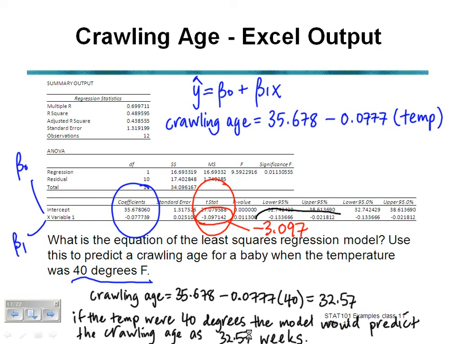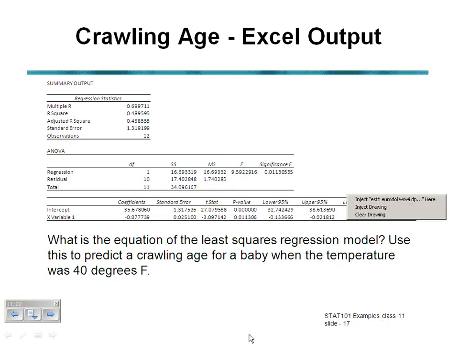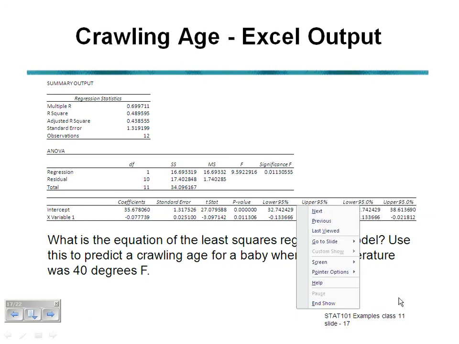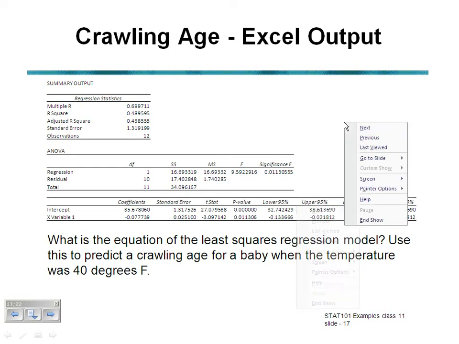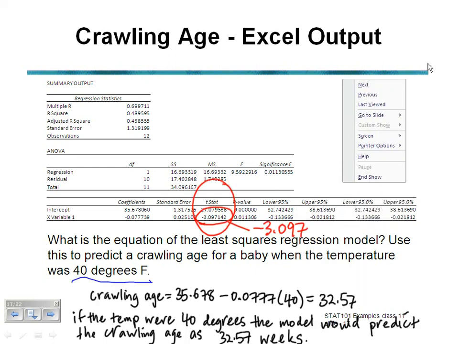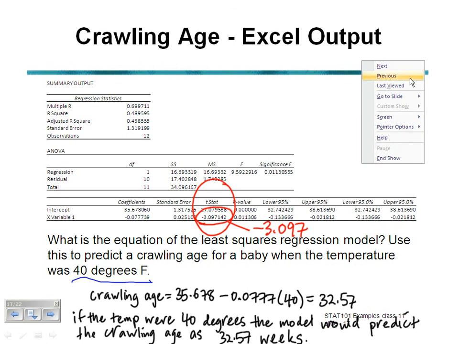The confidence interval goes from negative 0.134 to negative 0.022. So our confidence interval, negative 0.134 to negative 0.02.